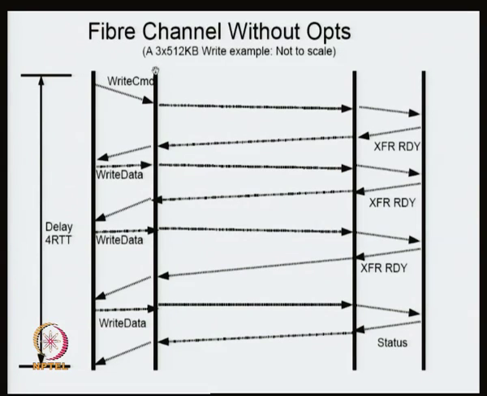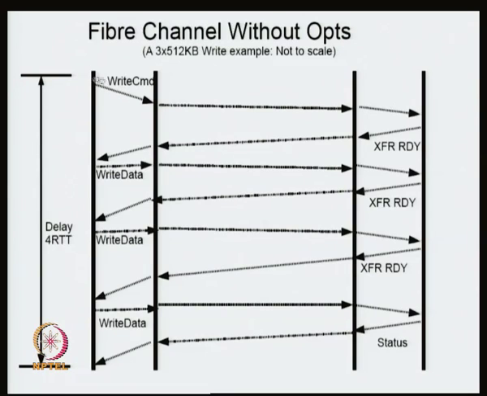This is going to be my first level Fibre Channel switch here, and on the other side, this is my first level Fibre Channel switch. So this is the initiator, this is the entry into the Fibre Channel network, this is the exit from the Fibre Channel network, and this is the target. This can be a disk, for example, and this can be the application HBA, for example.